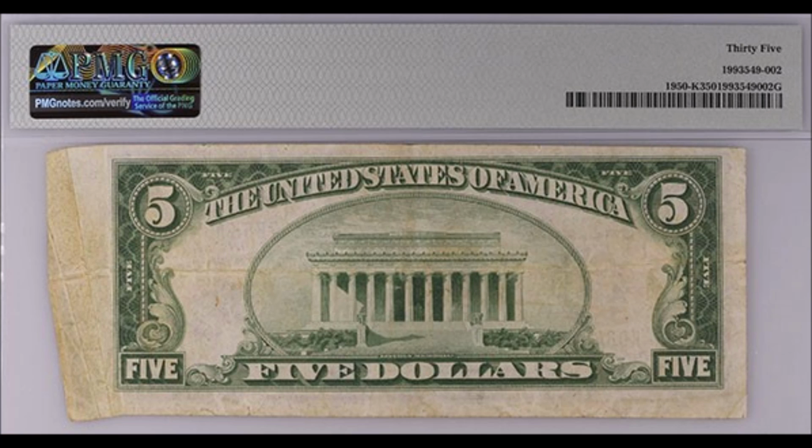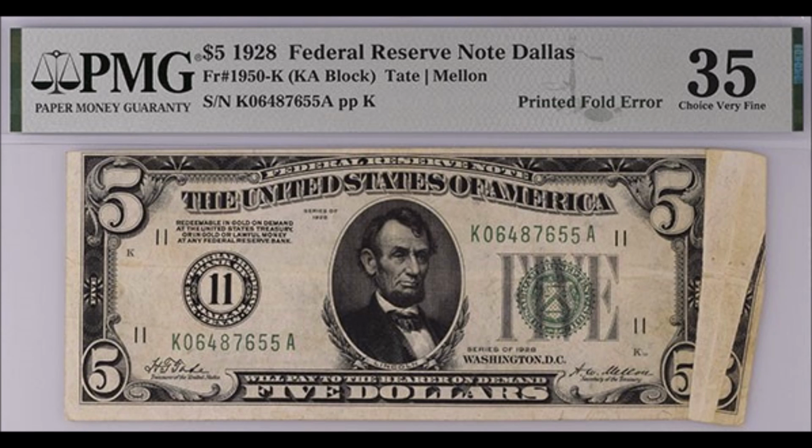The backside of Federal Reserve notes is printed first, so we can conclude that a fold occurred at the Bureau of Engraving and Printing facility between the first and second printings. Now, printed fold errors are not to be confused with gutter fold errors, another type of error we mentioned earlier that can create this kind of gap in the design. However, in gutter folds, the fold occurs before any printing takes place.